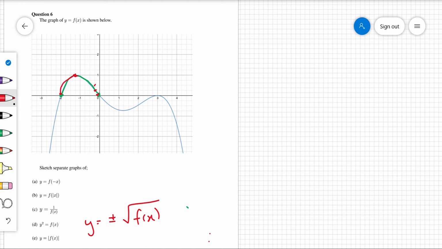So this is going to look really bad. I want the positive version and the negative version of that. So it's not going to be a circle like it's given you. But just remember, for the bits that are, for example, that bit, the height of a quarter, the square root of a quarter becomes a half, so that's going to be above the original curve. All right, and I think that is it.